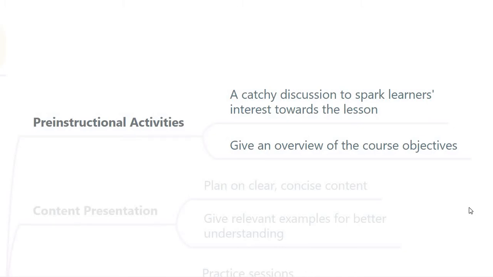The second part would be to give the learners an overview of what they would be learning in the lesson or an overview of the course objectives, which is also important, I feel, because learners should know what they are doing in this class.